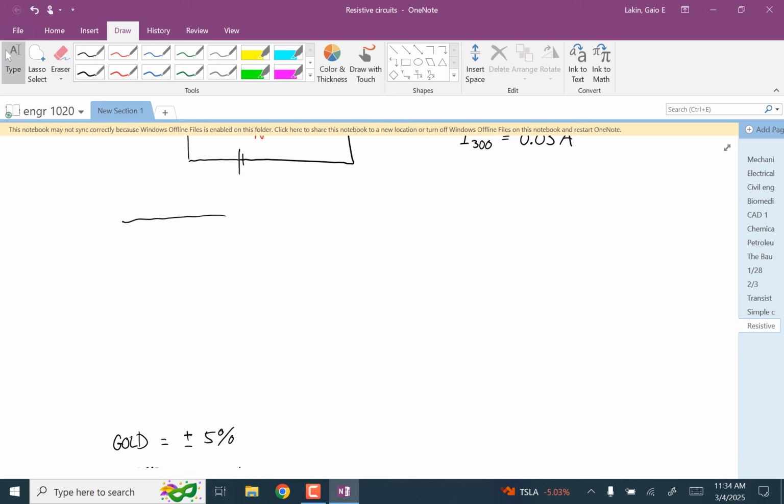Those first 3 bands, you'll read them like this. The first color is the first digit. The second color is the second digit. And then you're multiplying that times 10 to the third digit. And then the fourth is the precision.